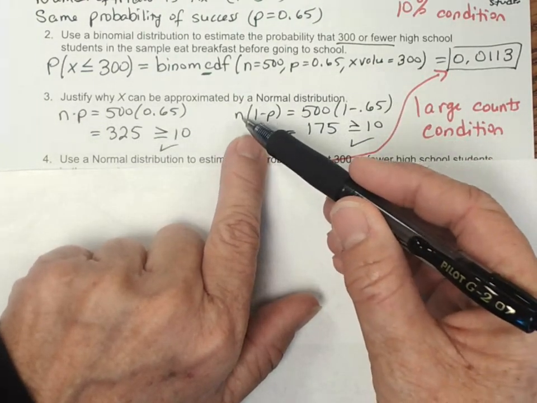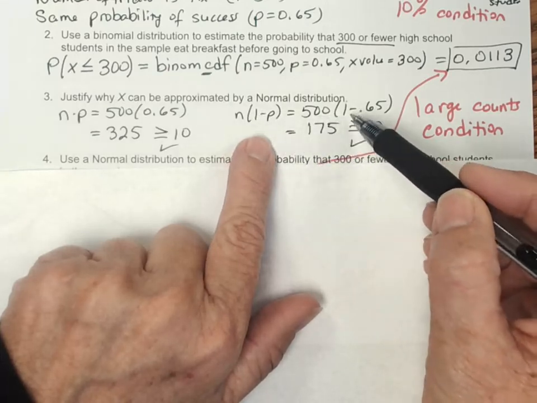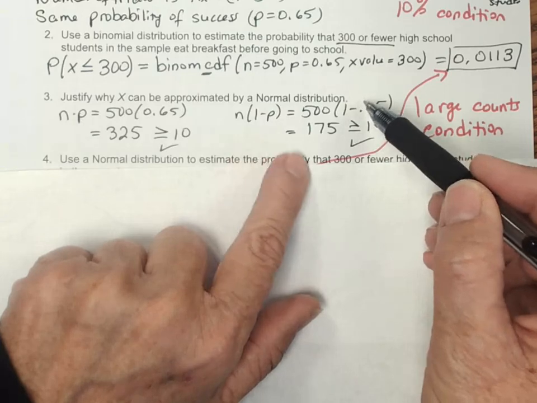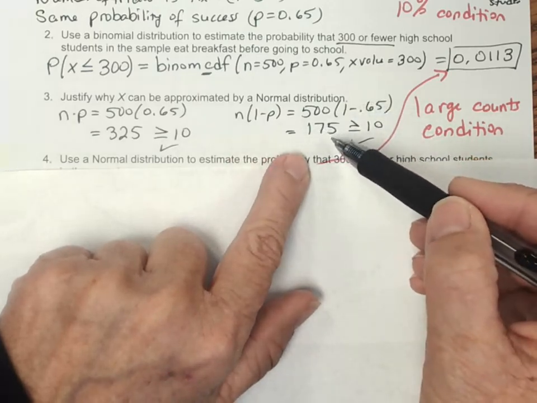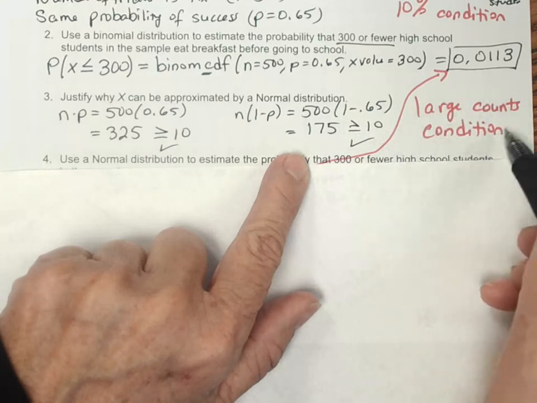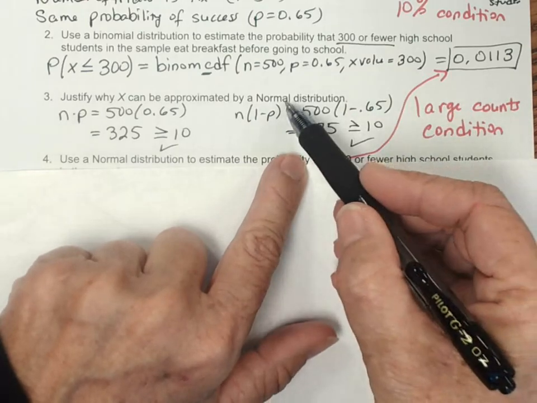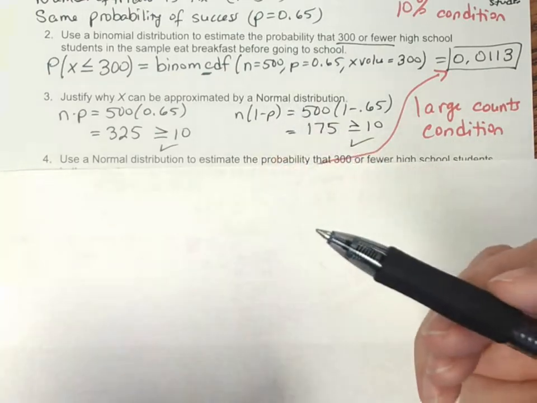And we find that by n times 1 minus p. So 500 times 1 minus 0.65, which is 0.35, gives us 175. And certainly that's greater than or equal to 10. So I've met my large counts condition. So this large counts condition is going to allow me to use the normal distribution.